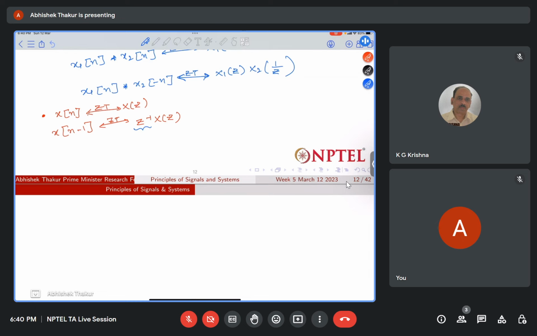Most of the questions include such kind of terms to find the transfer function, so we can also solve some questions based on that.